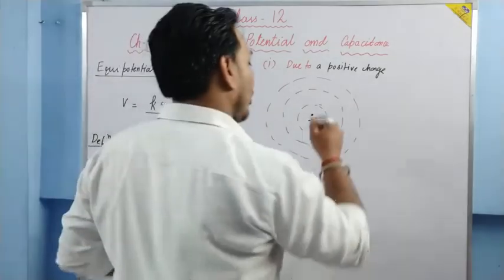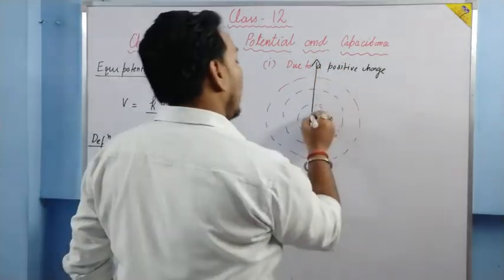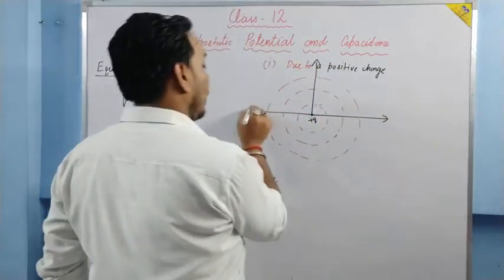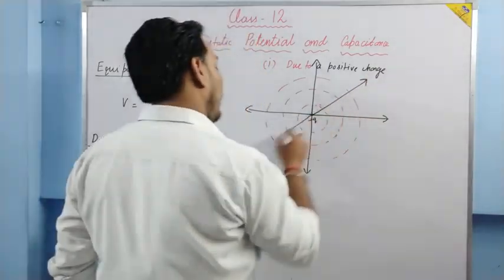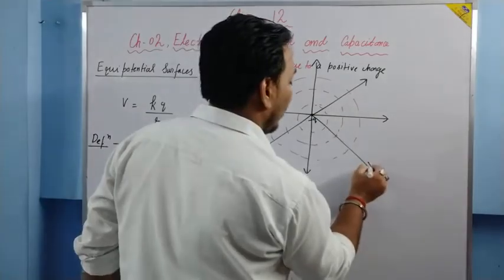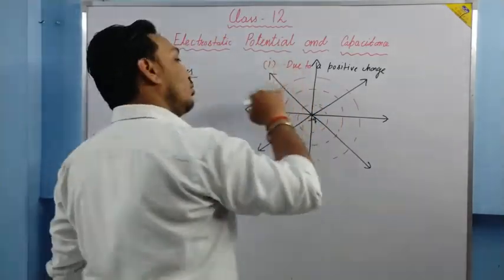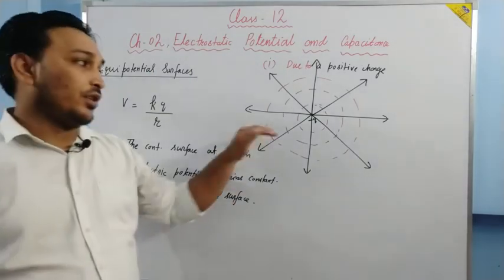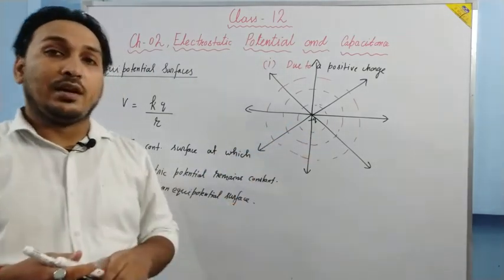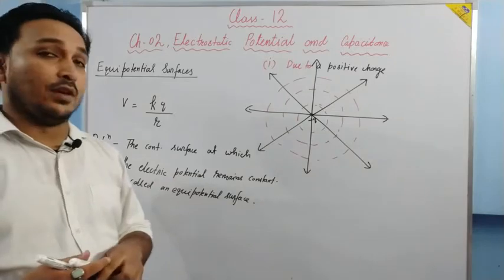And the direction of electric field lines will be, as we all know, radial outward for a positive charge. So these are the arrows which represent the electric field, and the equipotential surfaces are drawn in the shape of a sphere.